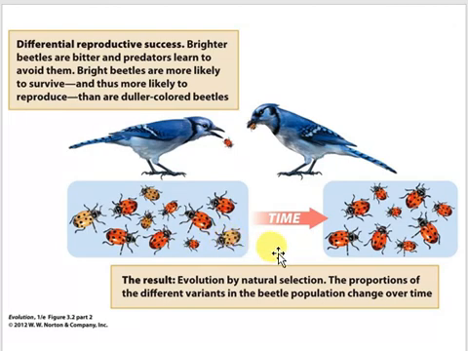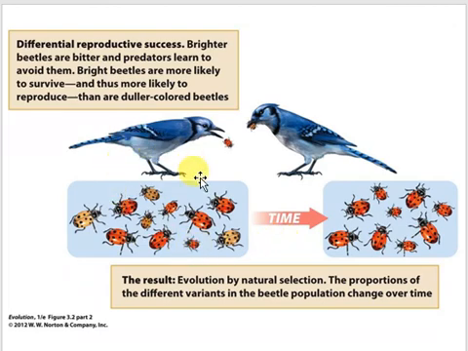So the cumulative product of these three conditions in reference to natural selection is that you get changes in the proportions of different variants within a population over time, and they're going to change based on selective pressures.